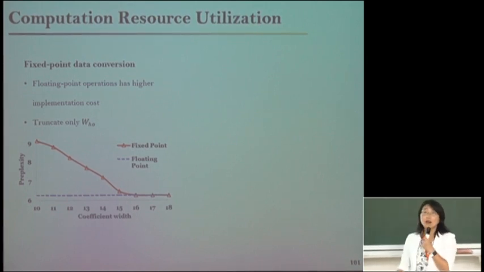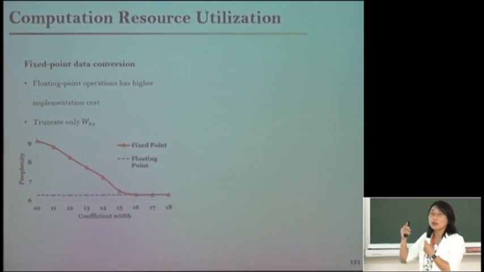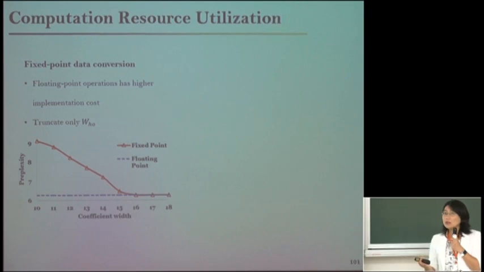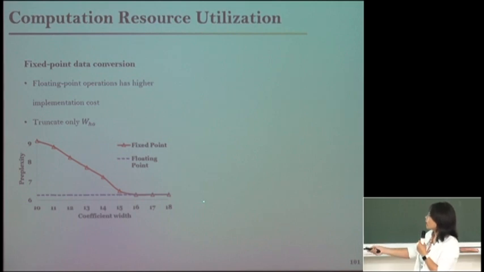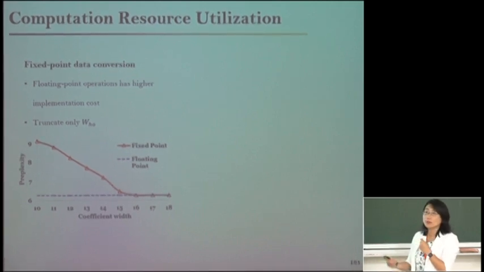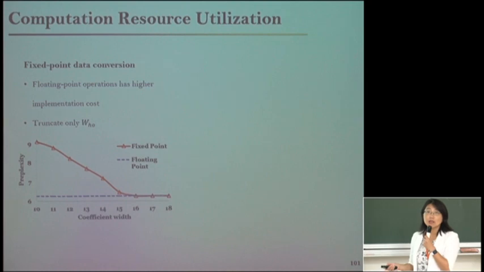Other than this, FPGA implementation is always about data conversions. I believe Dr. Yuan must have talked about this because he has extensive research in the area. No matter whether on GPU, CPU, or FPGA, the popular trend in recent years is to not use floating point, but to change to fixed-point data.